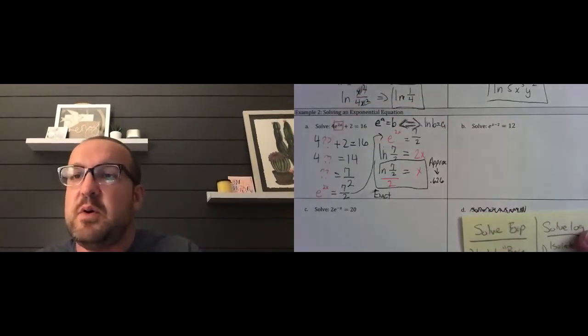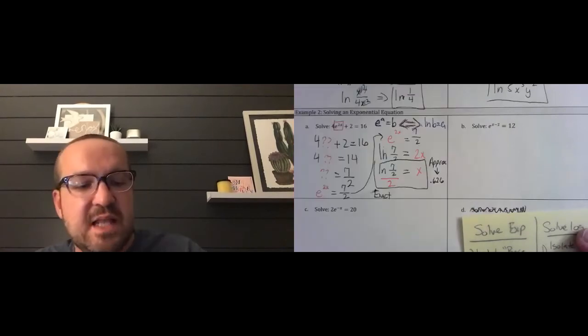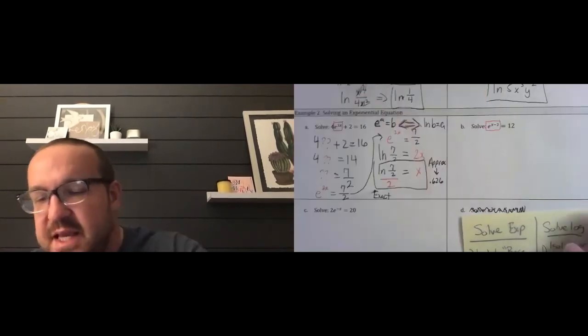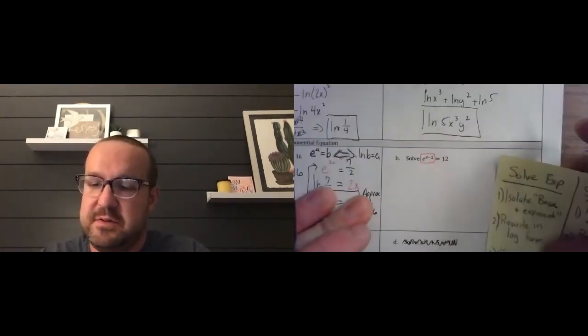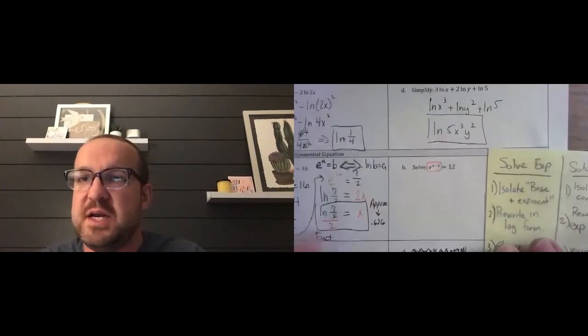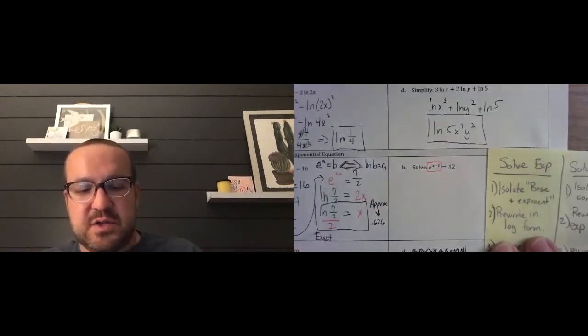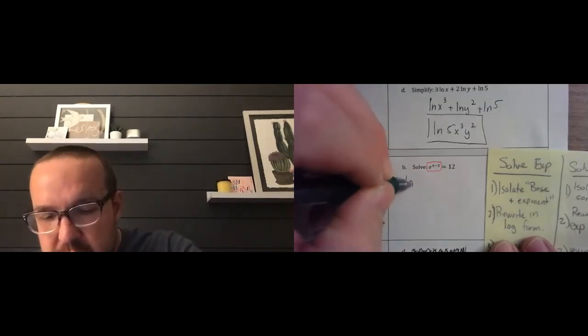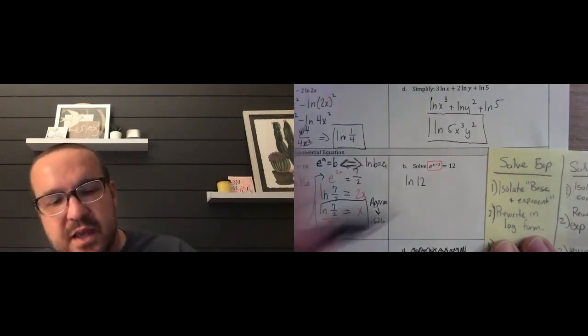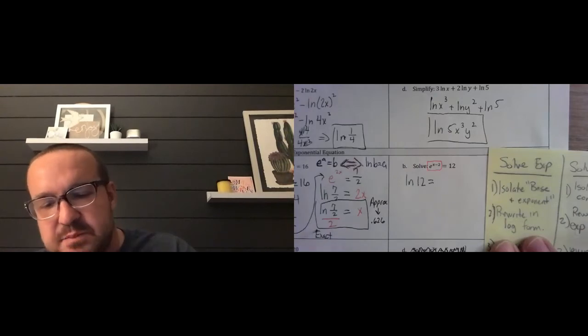So let's keep going with this, all right? It looks like e and its exponent is already isolated. So step 1 is already done for us. That's going to look like the natural log of 12 equals x minus 2.